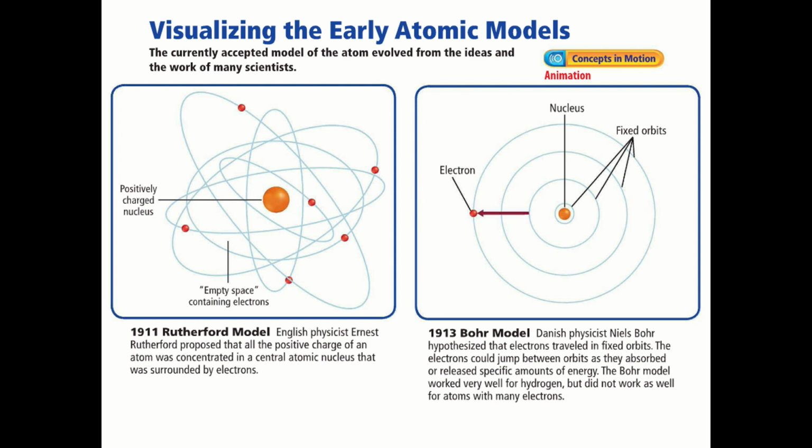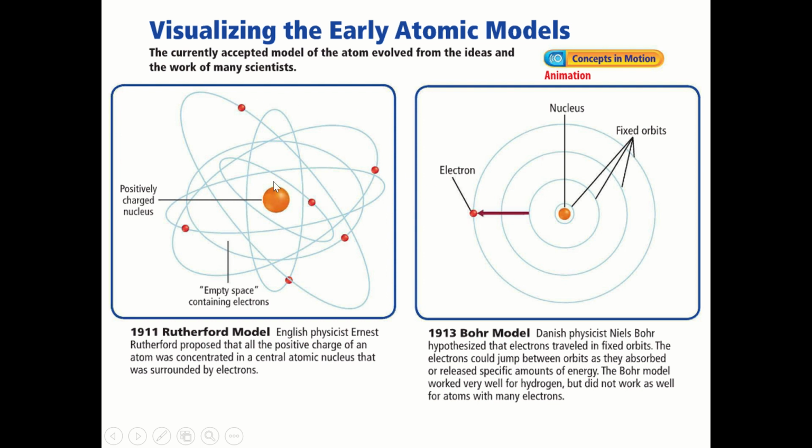So that's why he said that most of the atom is empty, and at the center there is a positively charged particle that he called the nucleus. So Rutherford used the same model of Thomson, but he said that electrons should not be embedded inside the nucleus, but they should be rotating outside the nucleus like this.